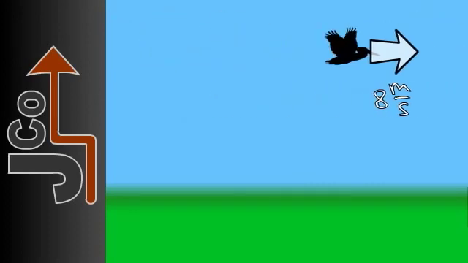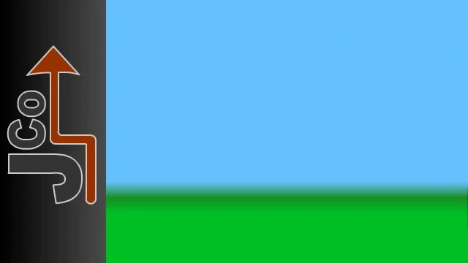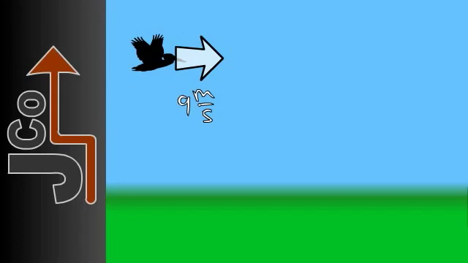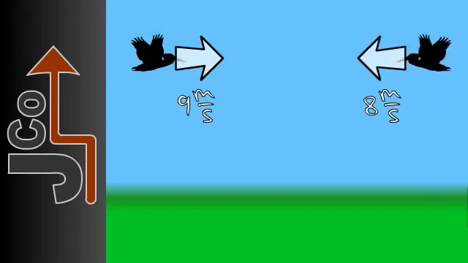But what if they are traveling in opposite directions? Again, suppose this bird is flying rightward at 9 meters per second, and this bird is flying leftward at 8 meters per second. Well, remember that velocity is a vector. That being the case, these two birds can't both have positive velocities, as they are traveling in opposite directions.